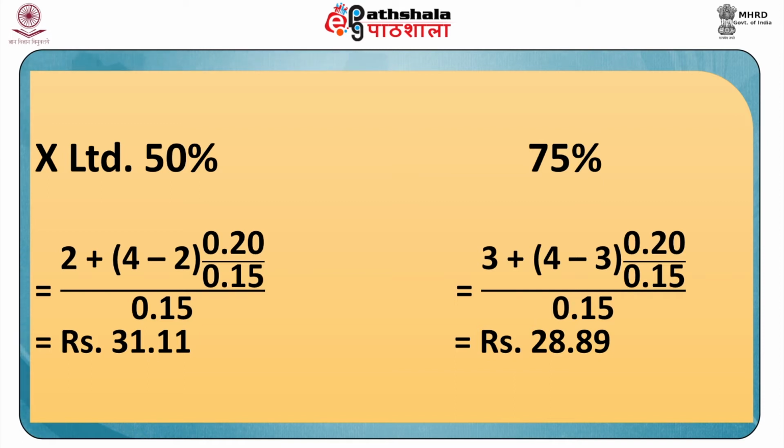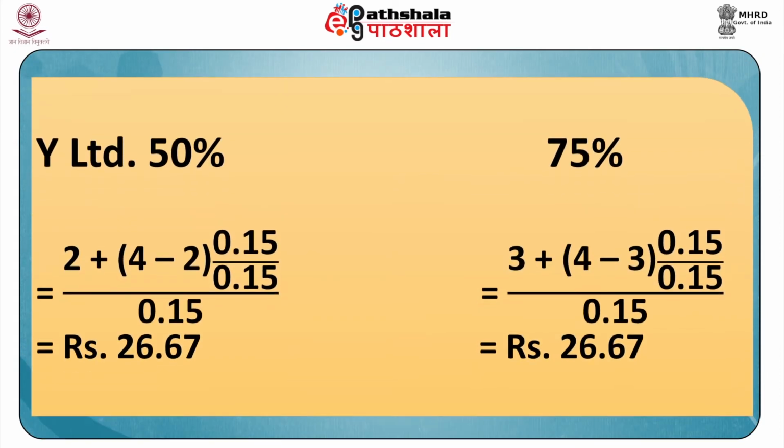For X Limited, when we put the corresponding values at 50%, we get the answer rupees 31.11. At 75%, we get the answer 28.89. For Y Limited, at 50%, when we put the values, we get the answer rupees 26.67.